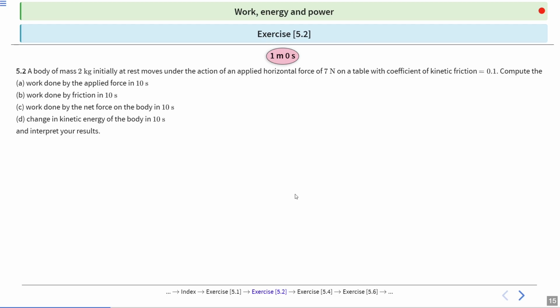Compute: A, the work done by the applied force in 10 seconds; B, the work done by the friction in 10 seconds; C, the work done by the net force on the body in 10 seconds; D, the change in kinetic energy of the body in 10 seconds, and interpret your results. So you have to find out the four answers, A, B, C and D.